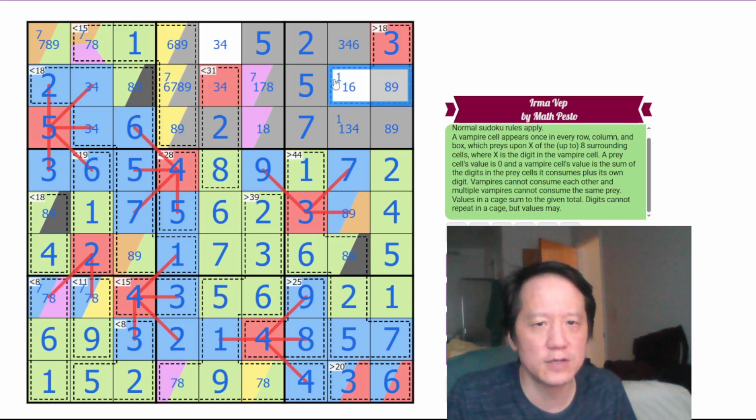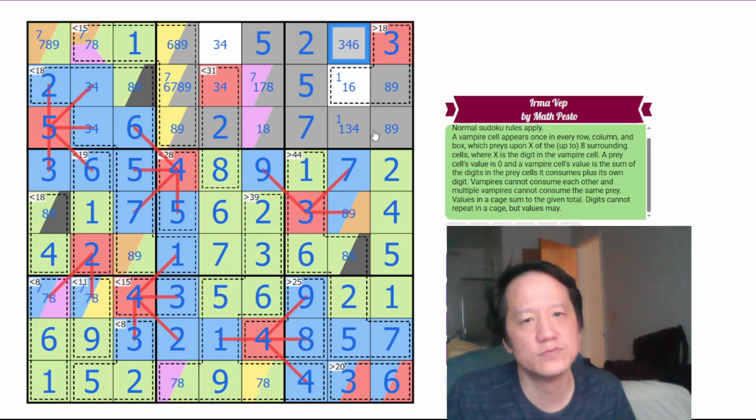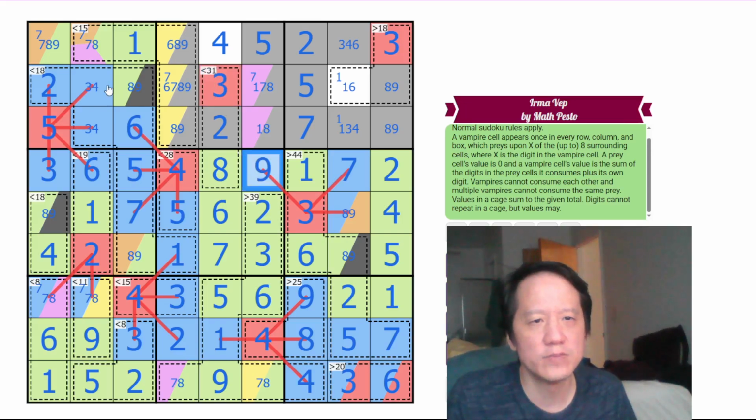This would be an 8, 9 pair. This vampire is off these 3. It cannot have a 1 here. Well, it could be if that's 6. This 3 eliminates 3 here, so that's a 4. This is 3. That makes this 4. This makes that 3, which makes this 4. This has to be 1.